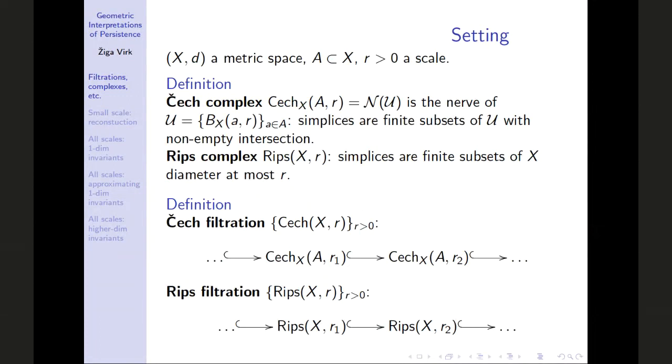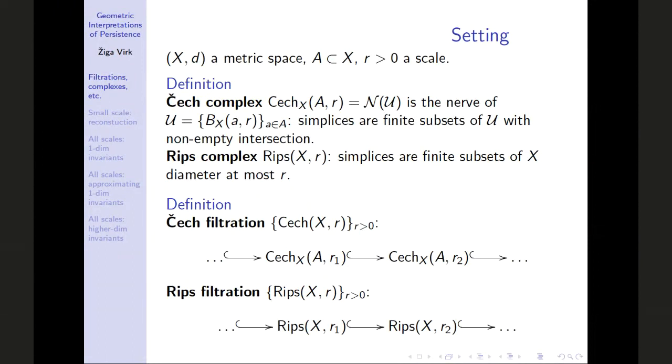All right, so the first thing we want to do today is to talk about this relationship between Čech and Rips complexes. The Čech complexes have a nice property, namely they're defined as nerves of covers, which makes the application of the nerve lemma quite easy.